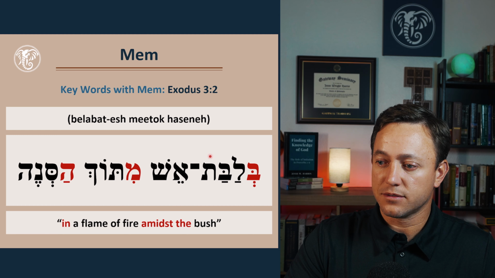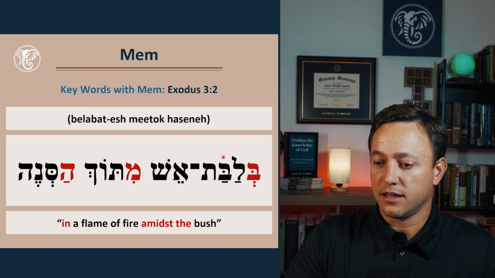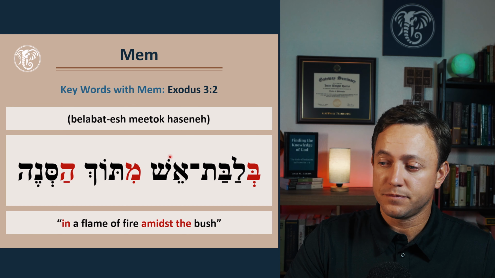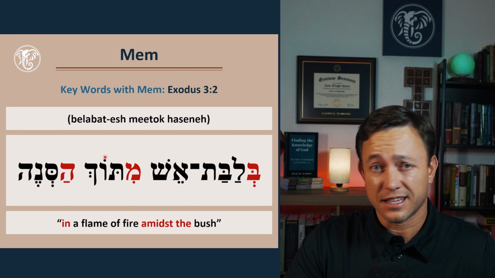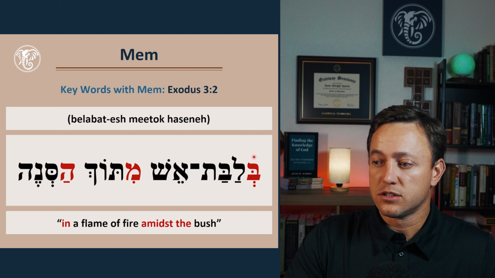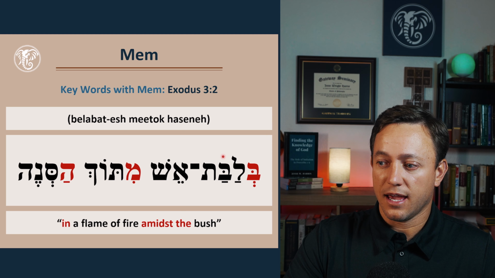And then levat, which means like a flame, right? And then esh, meaning fire. So with a flame of fire, and then mitok, from, and then tok, meaning like in the middle or in the midst of. So with or in a flame of fire from in the midst of hasadeh.